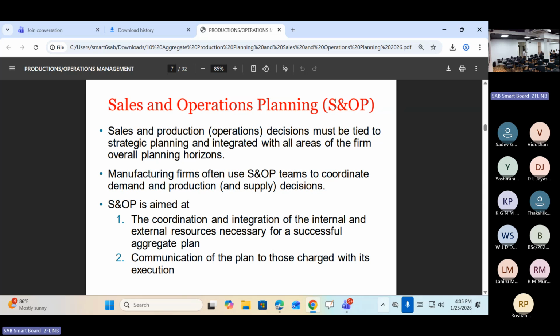Sales and production team. In addition to that, there can be other members also, like the marketing team, marketing manager. And then from the production supply side, the procurement manager or supply manager. To provide accurate inventory related data, inventory managers or warehouse managers can take part here. Right.